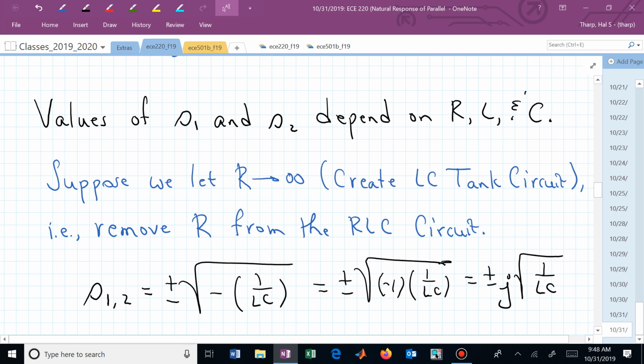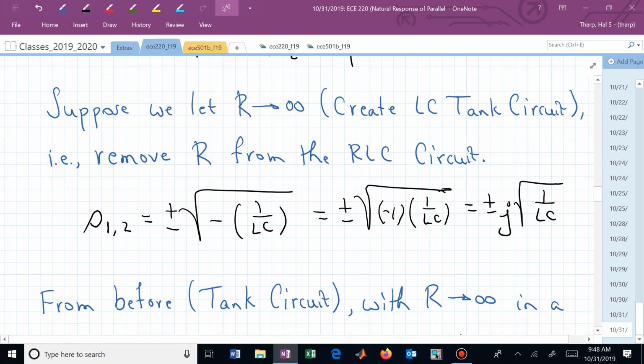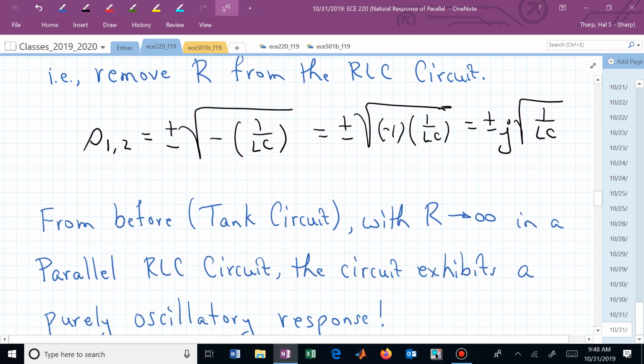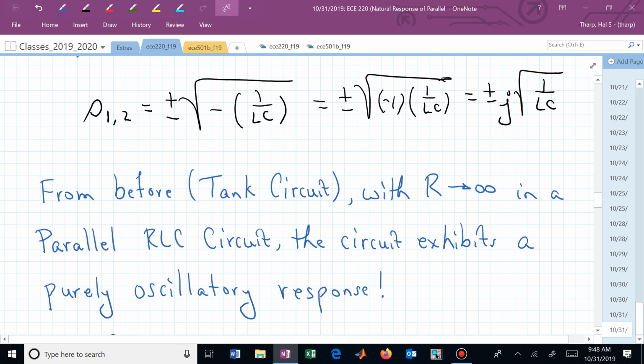They are plus and minus J times 1 over the square root of LC, or the square root of 1 over LC, however you want to think about it or write it. Those are now our roots that satisfy the quadratic when we have no resistance, when the resistance is gone to infinity in the RLC circuit, parallel RLC.